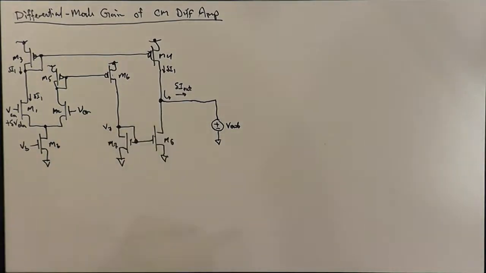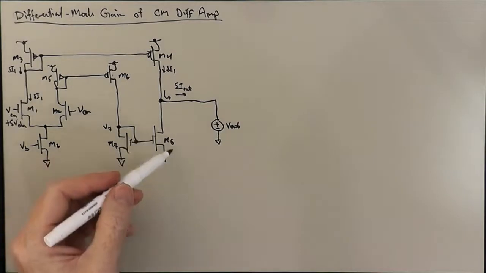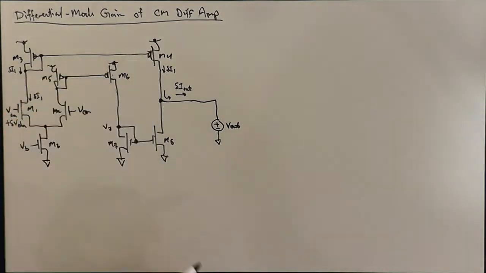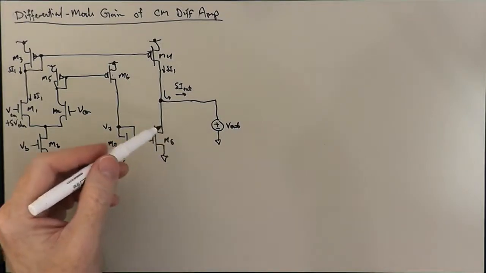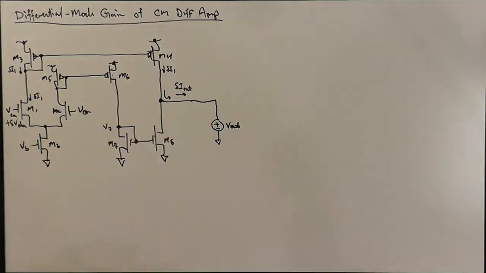the output voltage source. If we did have early effect resistors here and here on M6 and M4, the voltage is being held fixed across those resistors, and so they can't change the currents flowing through them. And so the only place that that extra current has to go is into the voltage source.